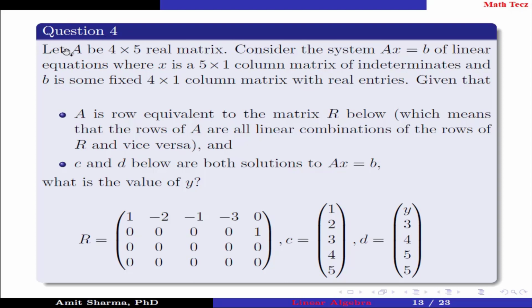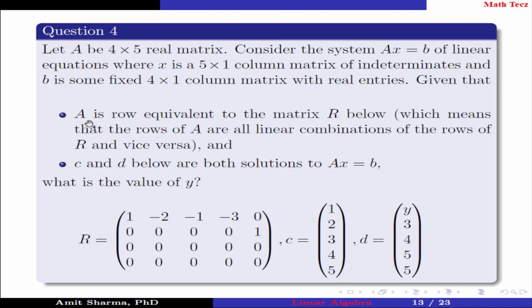Question number 4. Let A be a 4 times 5 real matrix. Consider the system AX equal to B of linear equations, where X is a 5 times 1 column matrix of indeterminates and B is some fixed 4 times 1 column matrix with real entries.